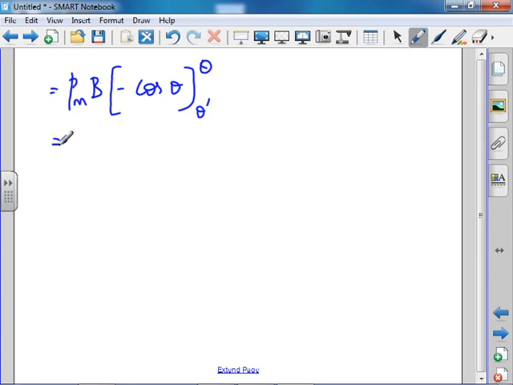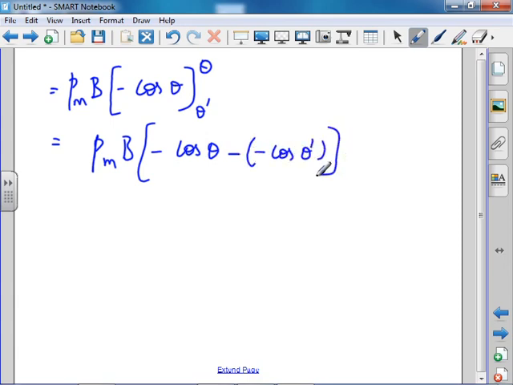Now PMB into minus cos theta minus of minus cos theta dash is equal to PMB into minus cos theta plus cos theta dash.